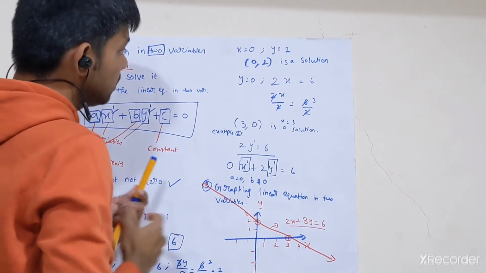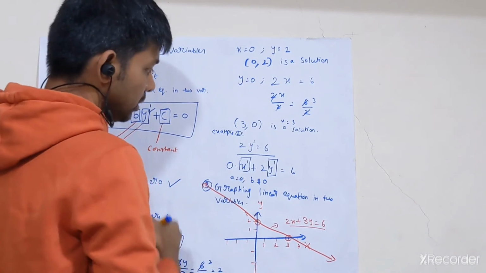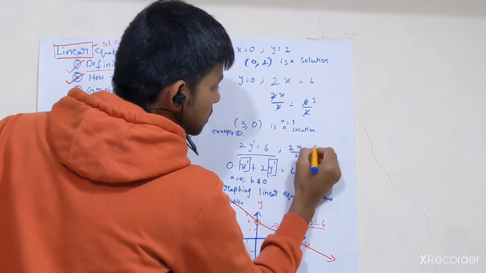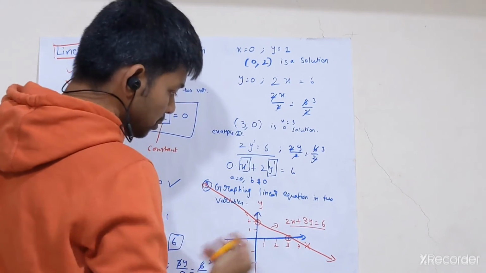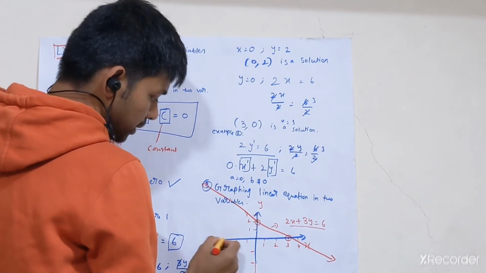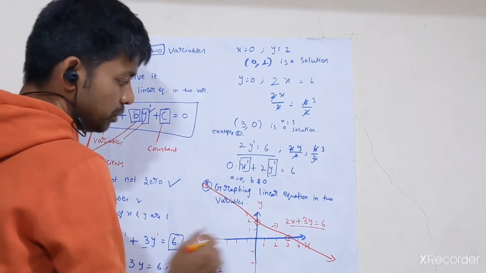Then we'll graph the equation 2y is equal to 6. If you solve this one, you will get 2y by 2 is equal to 6 by 2, which is 3. So y is 3. Here you can take any value of x, in the positive direction or negative direction.